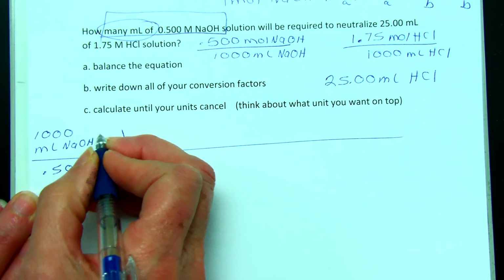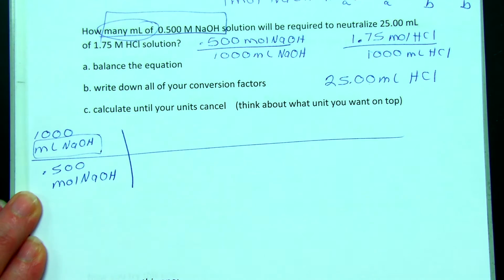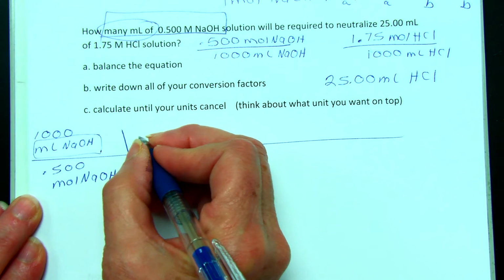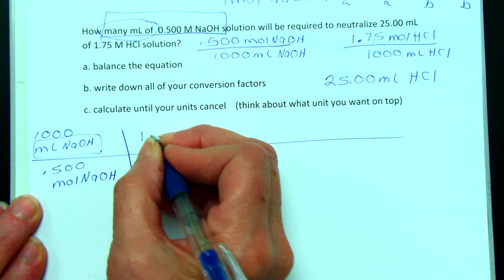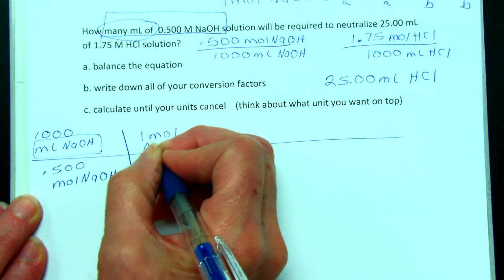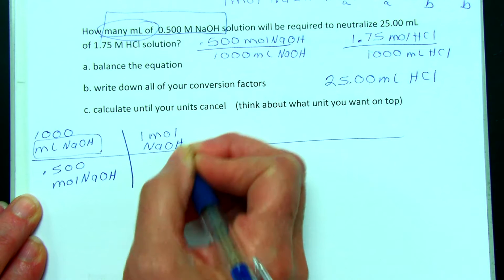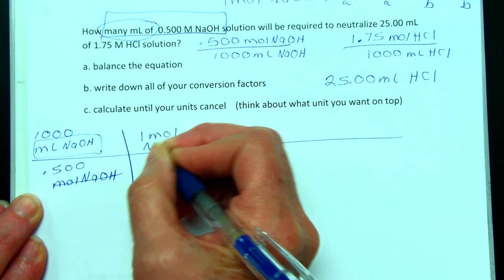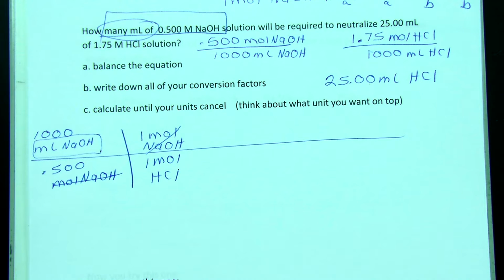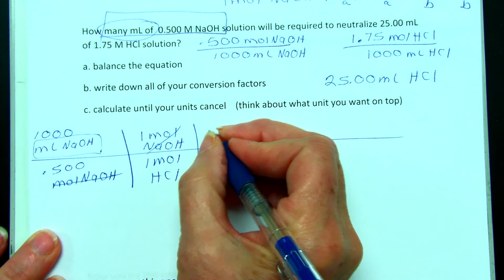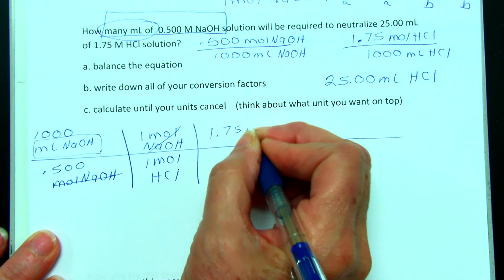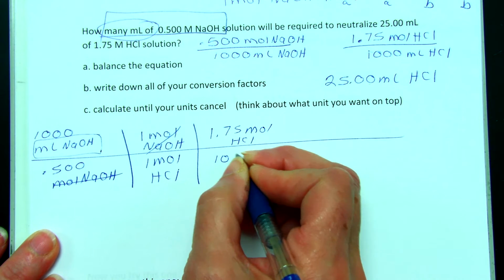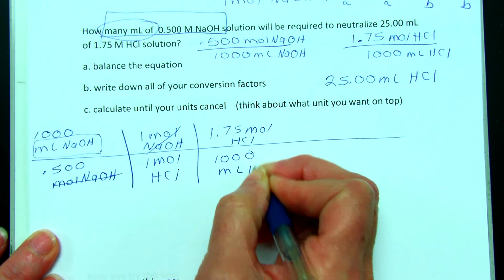Now, I want to keep this unit and get rid of everything else. So I need to get rid of moles of sodium hydroxide. So I know that 1 mole of sodium hydroxide, so that'll cancel, uses 1 mole of HCl. So my moles of sodium hydroxide have canceled. Now I have 1.75 moles of HCl per 1,000 mL of HCl.